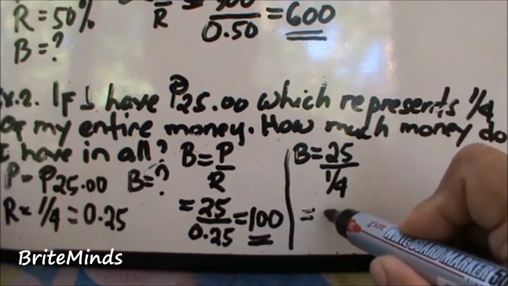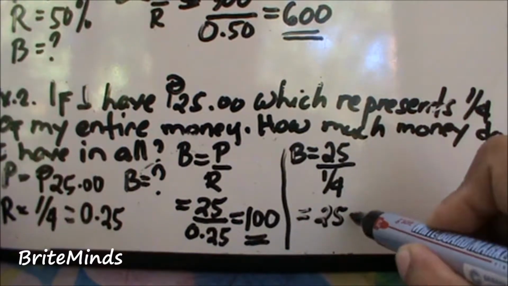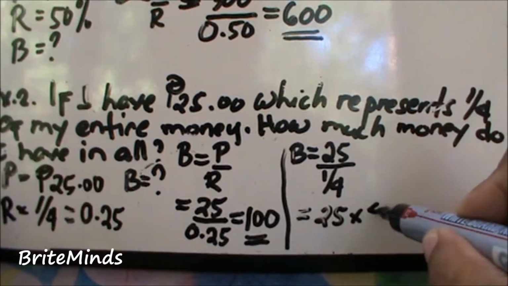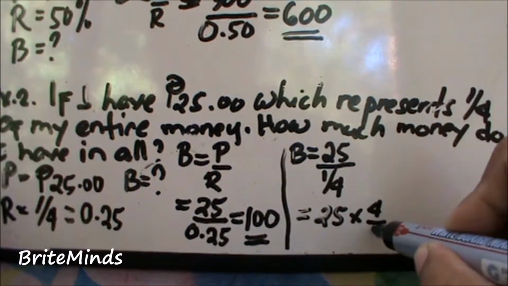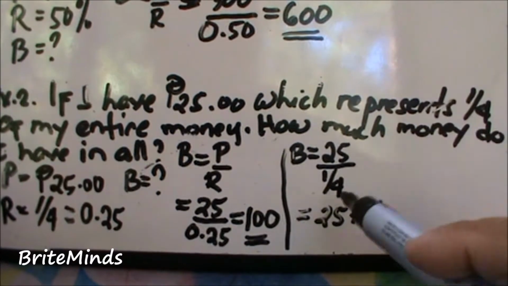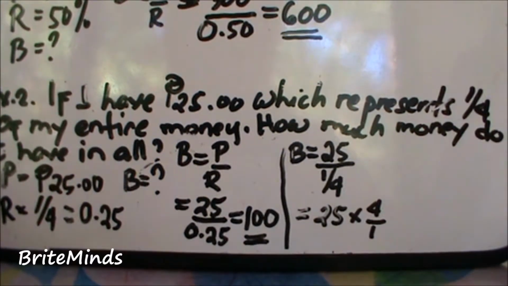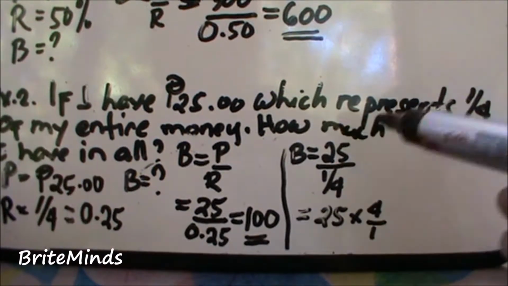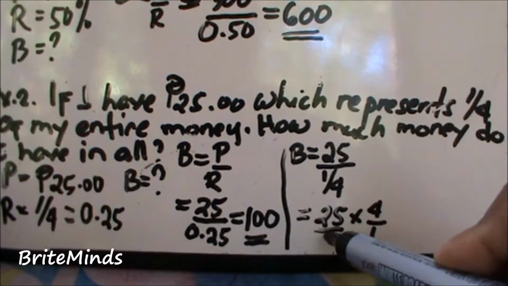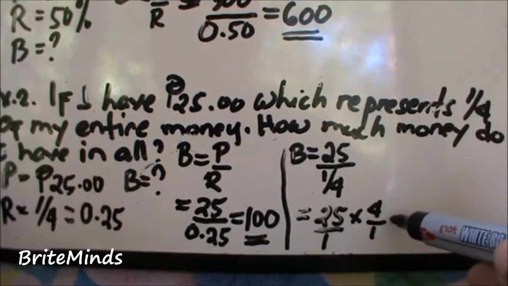So change the divisor into its reciprocal and then multiply. So it will look like this: 25 times 4 over 1. The whole number is always considered as a fraction with a denominator of 1. Then multiply the two fractions.